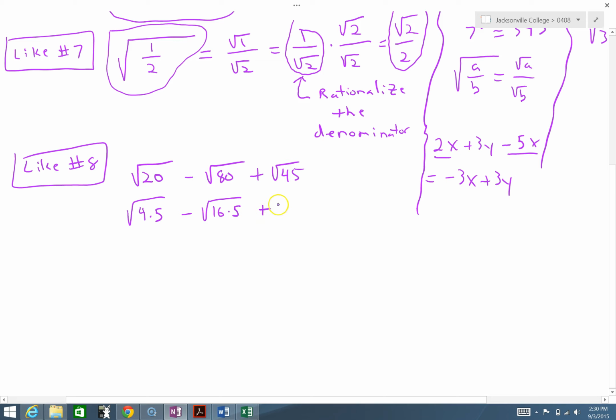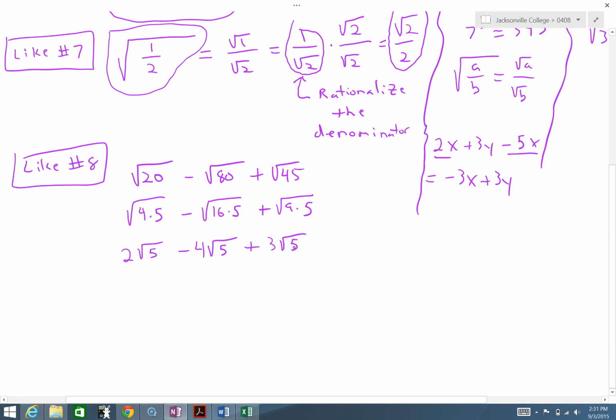What perfect square will go into 45? 45 is 9 times 5. Now we can take the square roots of these values that are perfect squares. The square root of 4 is 2. So this expression becomes 2 square roots of 5. The square root of 16 is 4. The 4 will come out. The 5 will stay in. Square root of 9 is 3.